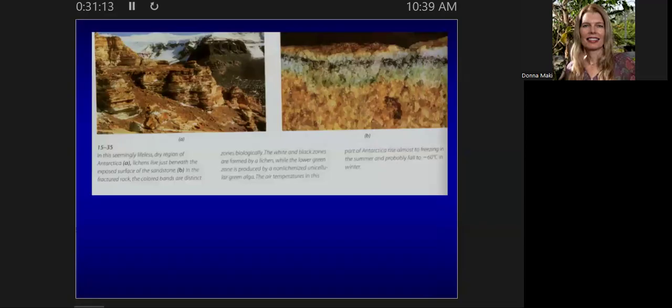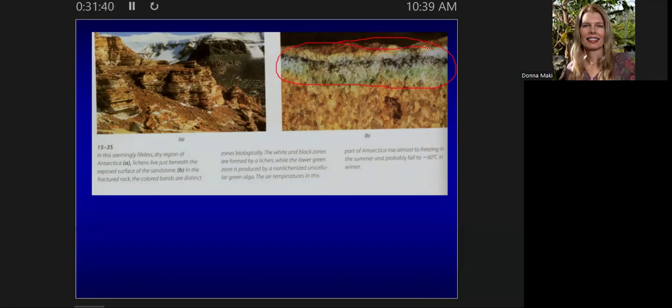The other thing to be aware of is lichens are incredible at hanging out in habitats that are very inhospitable to us. Here, this is, I believe, Antarctica. You're looking at cliffs and mountains on figure A. Figure B is showing a close-up of some of the rock material. You can see this discoloration toward the surface of the rock.